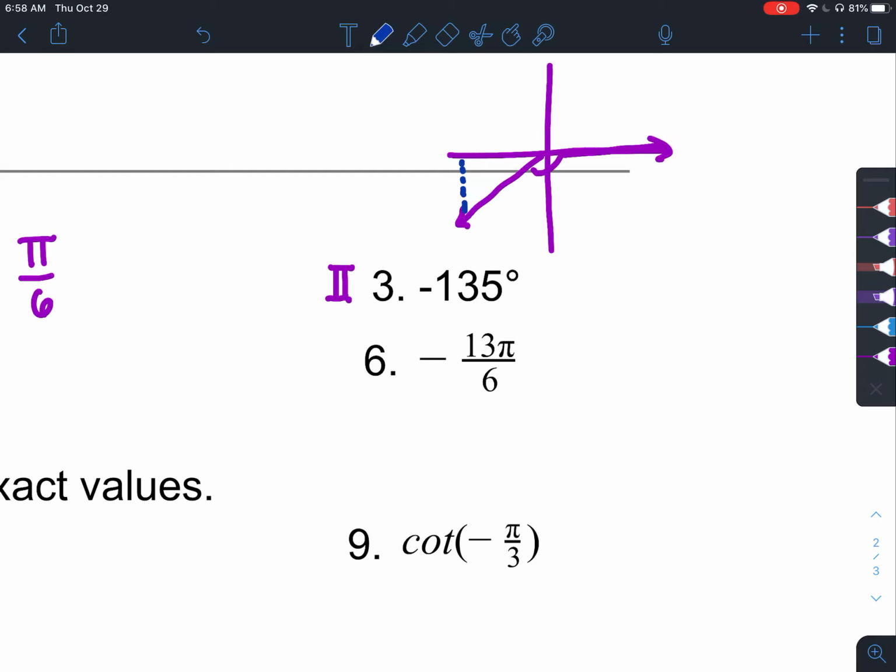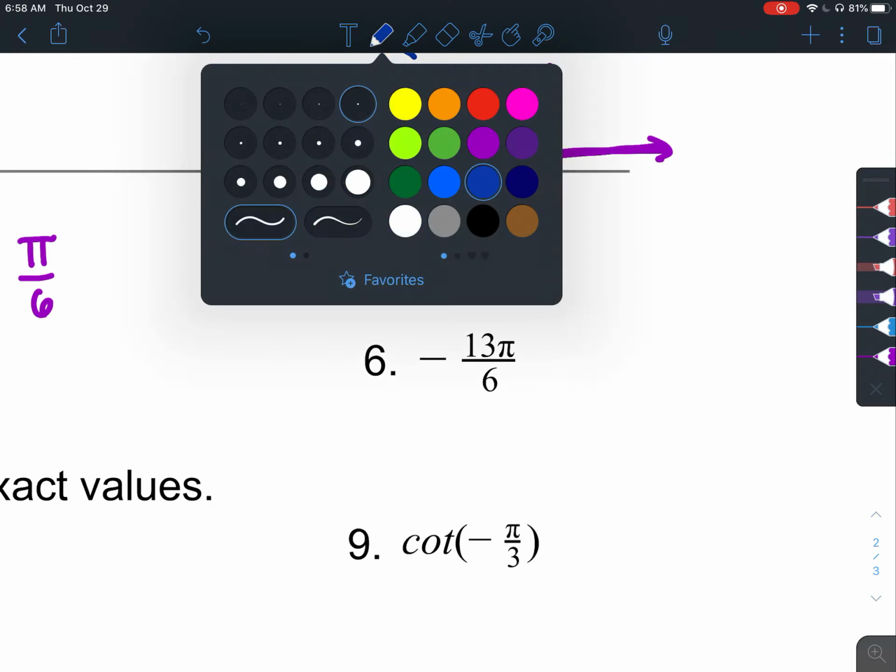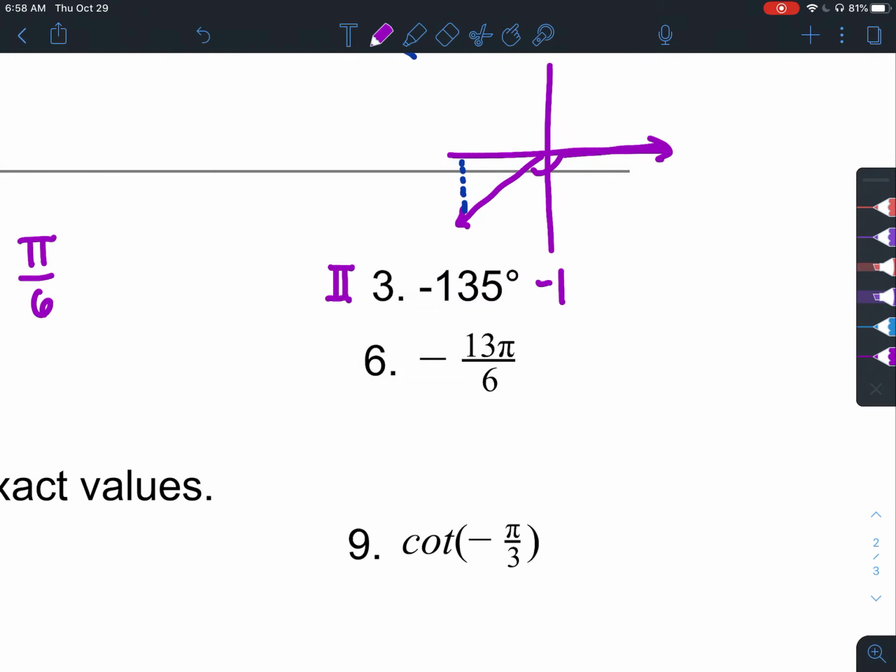So instead of subtracting 180, because I'm going the negative way, I add 180. So if I do negative 135, or subtract negative 180, I should say, then I end up with 45 degrees as that angle. Now that's our reference angle.